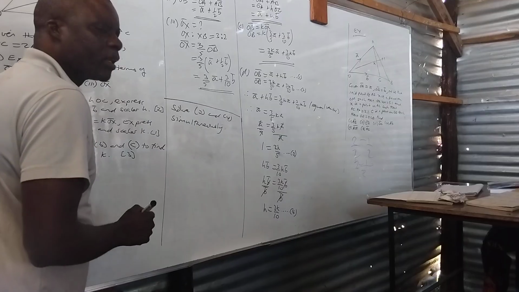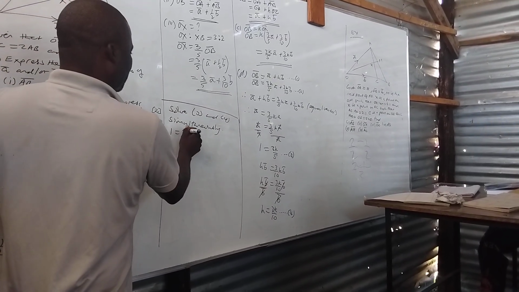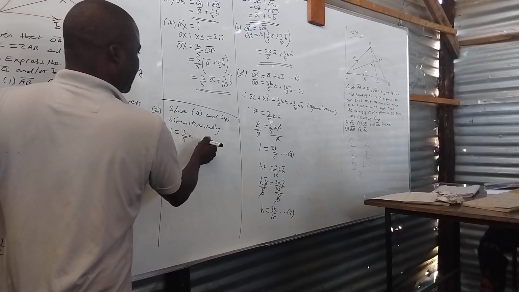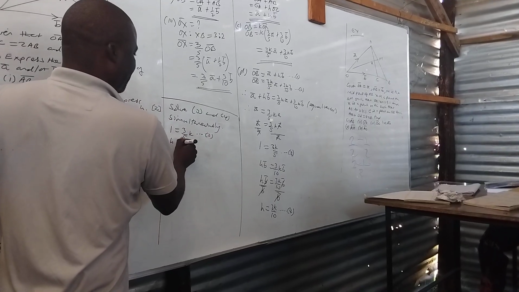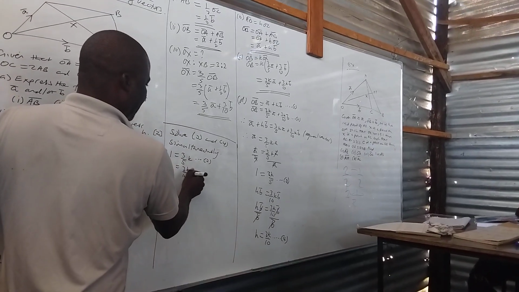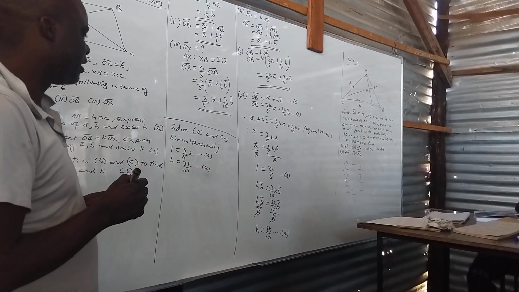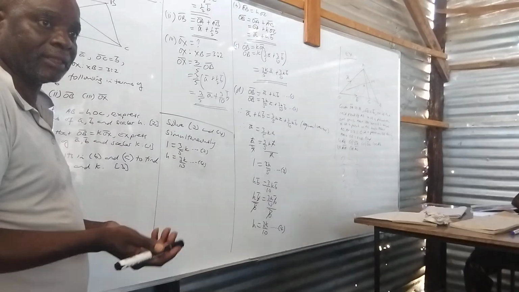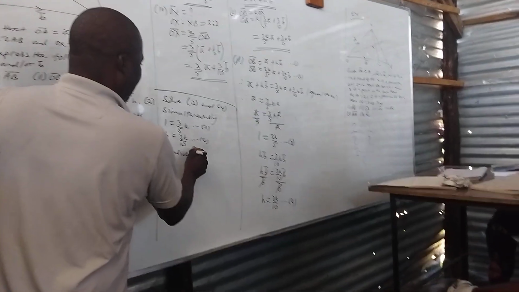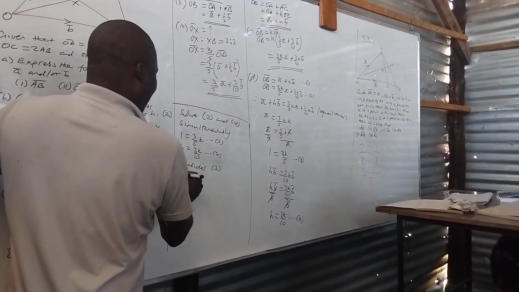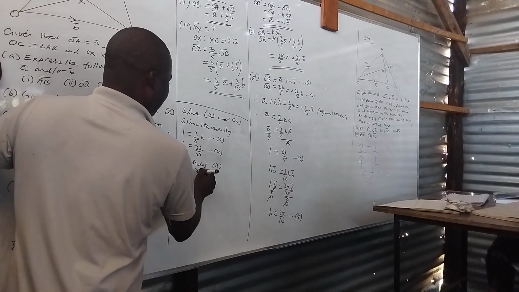Let's bring them together to make sense. 1 is equal to 3K over 5. Now H is equal to 3K over 10. I could solve equation 3 first. Consider equation 3: 1 is equal to 3K over 5.